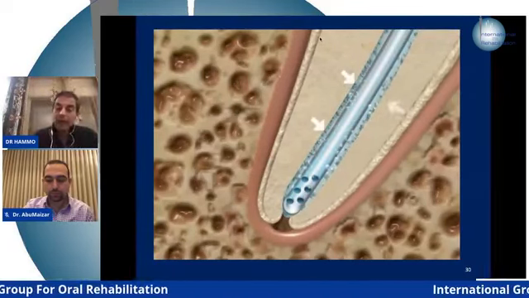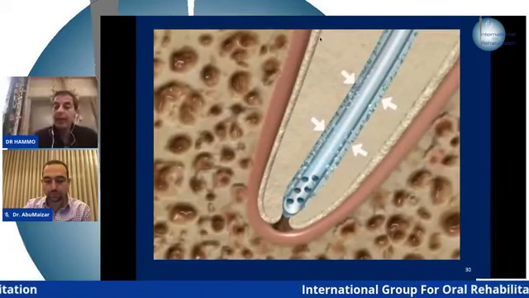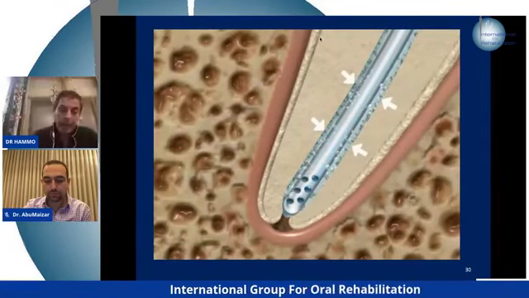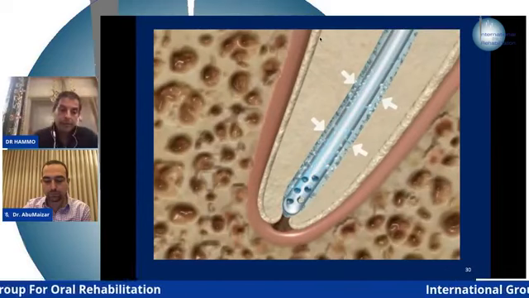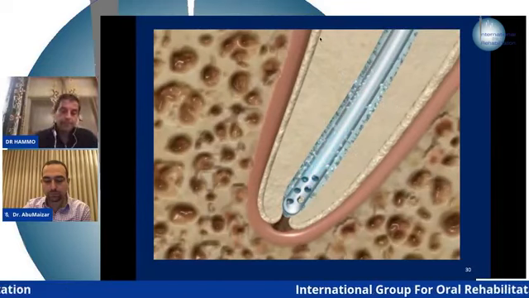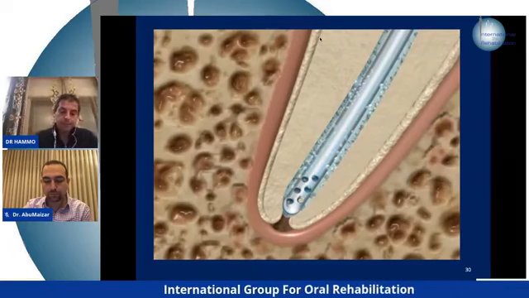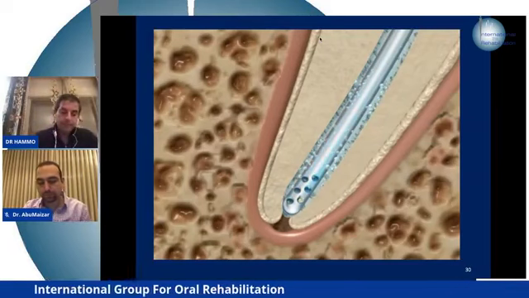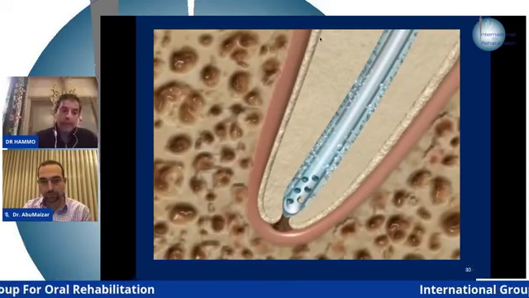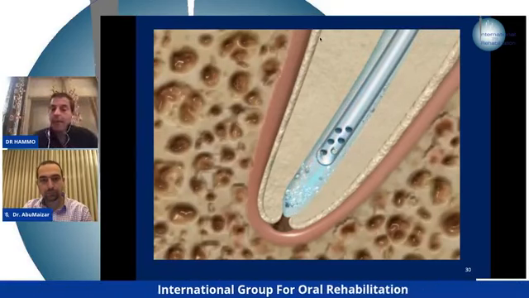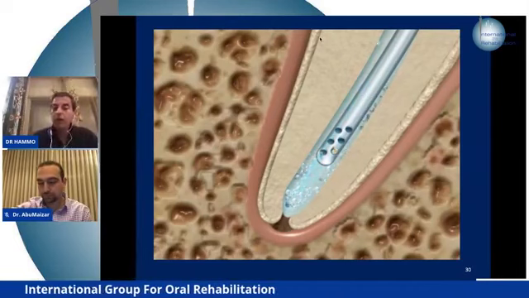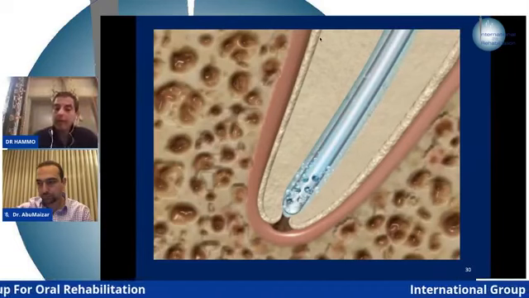This micro cannula will aspirate the debris at the apical part. And by doing this, we are removing the maximum amount of debris and bacteria from the apical part.